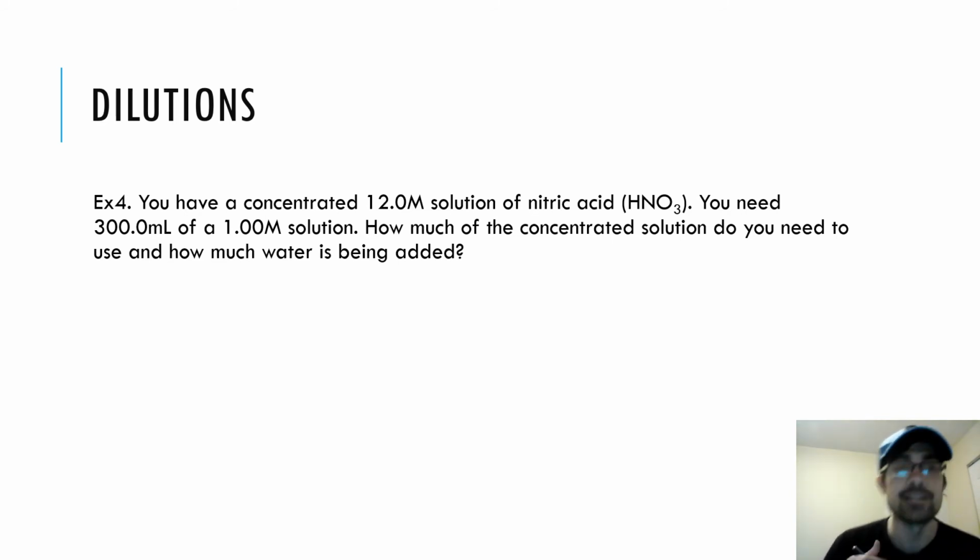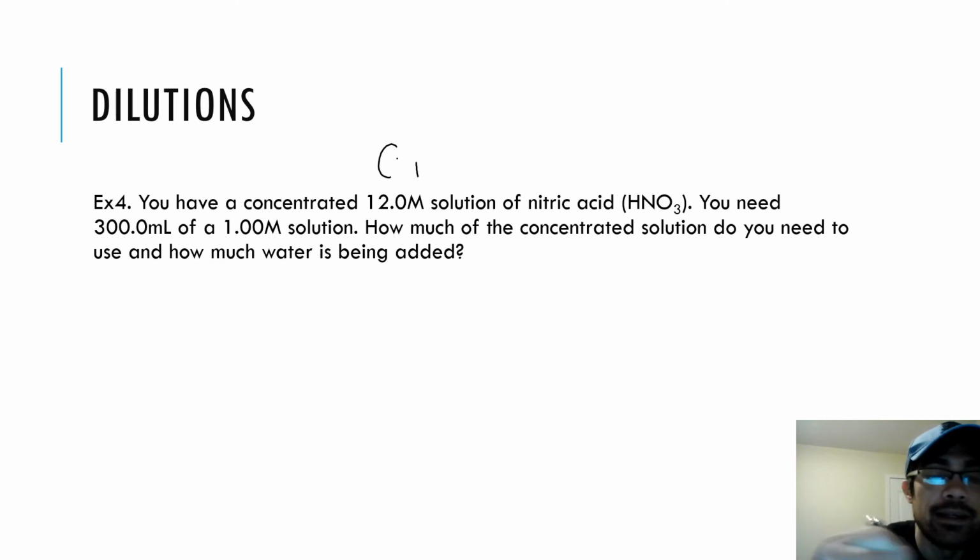In this case, we have a concentrated, 12 molar solution of nitric acid. So we have C1. We need 300 milliliters of a 1 molar solution. So we have V2, and we also have C2.